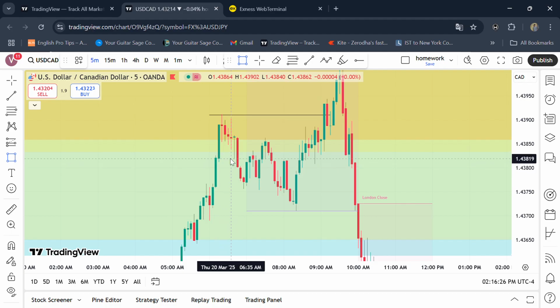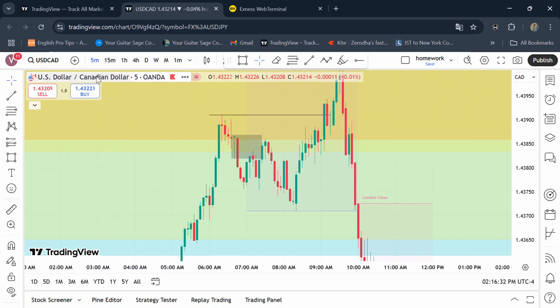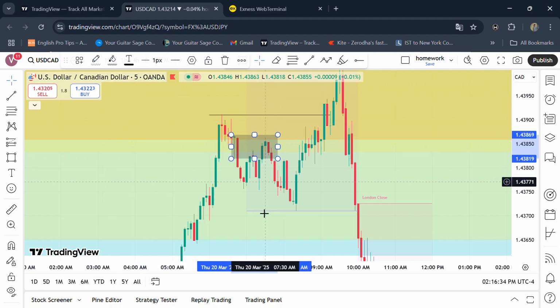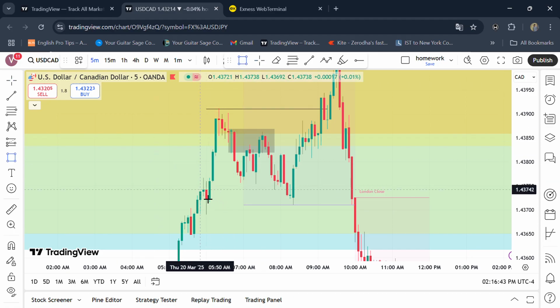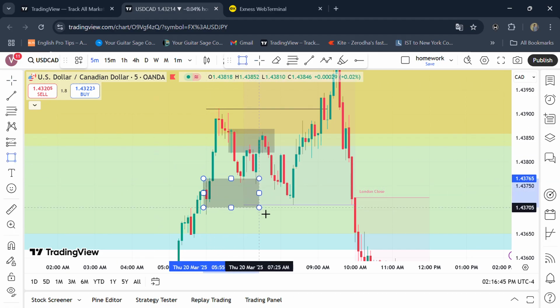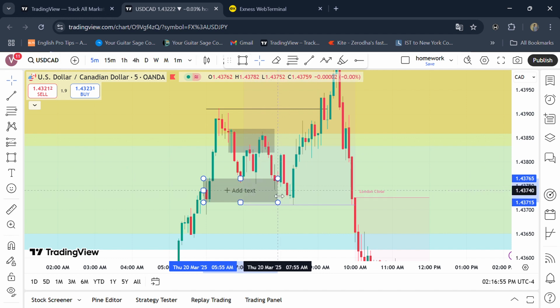Then this green candle was a 5 minute order block, which got respected because price took rejection from there. And at first, price has taken support from here. It went to this 5 minute order block, and it then went down and broke this initial support.